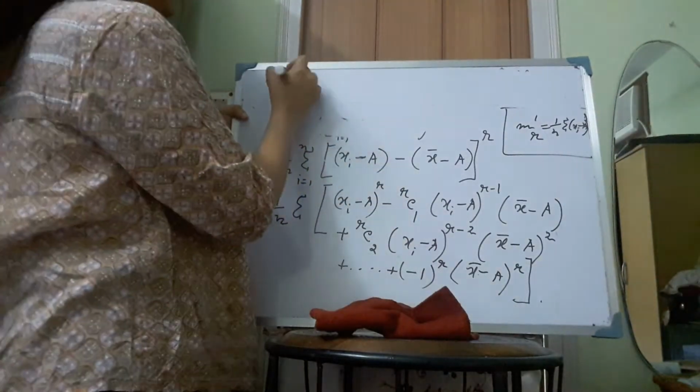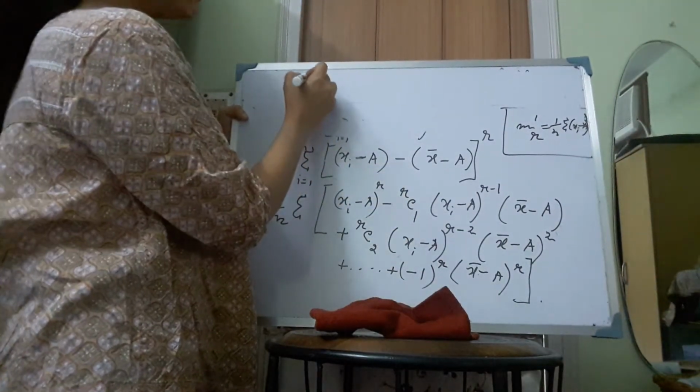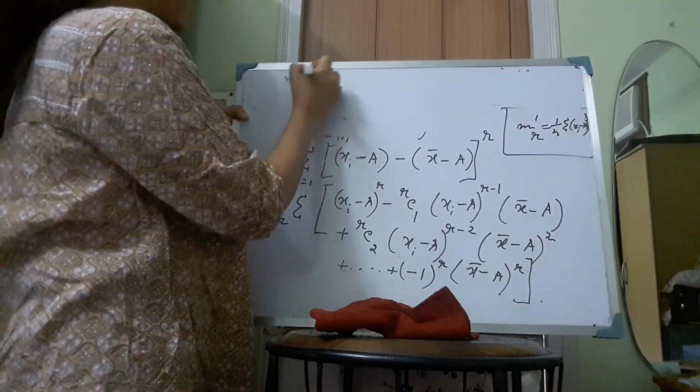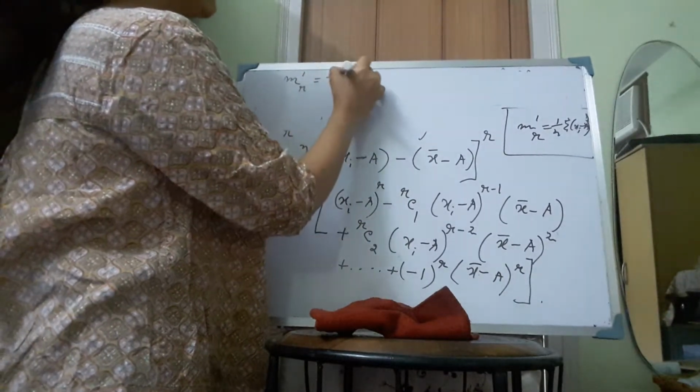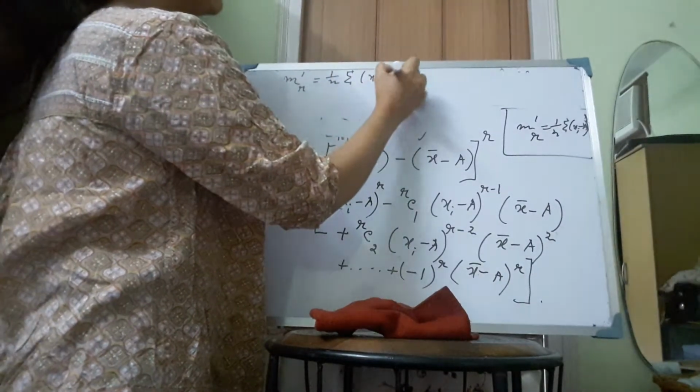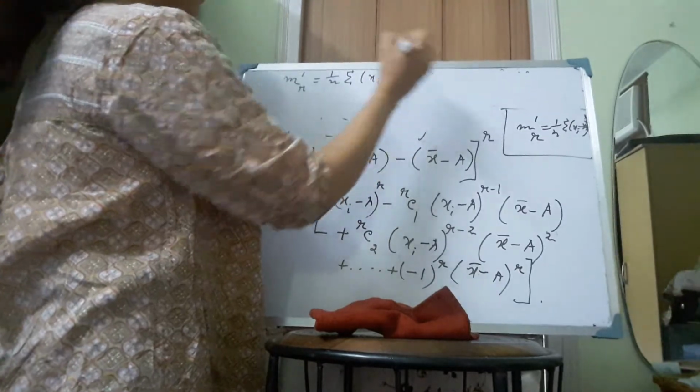Now what is x bar minus a? If we consider the rth order non-central moment, then mr dash is equal to 1 by n summation of xi minus a whole to the power r.